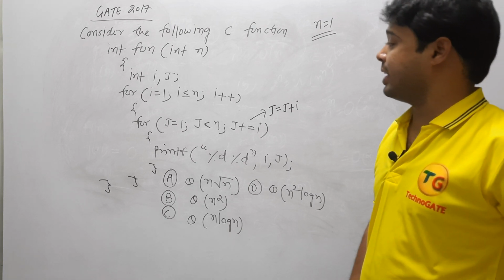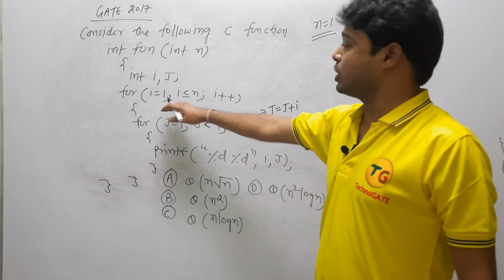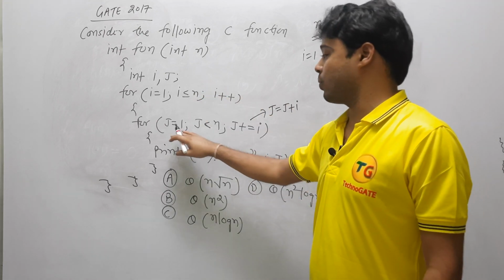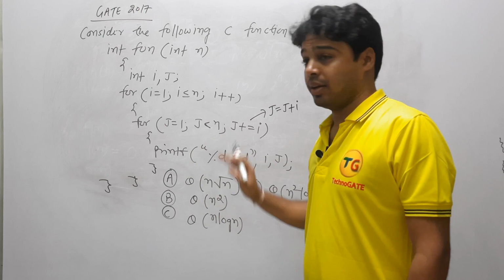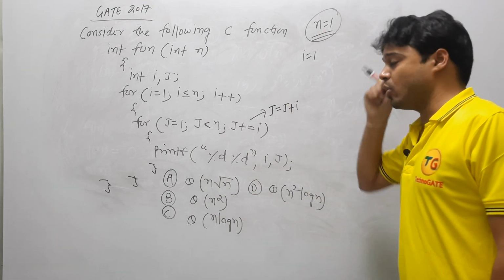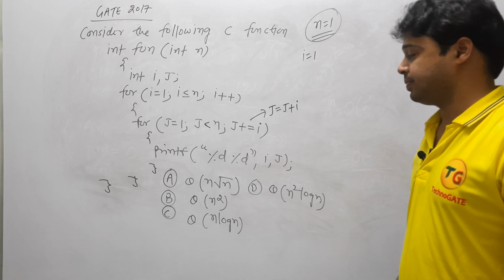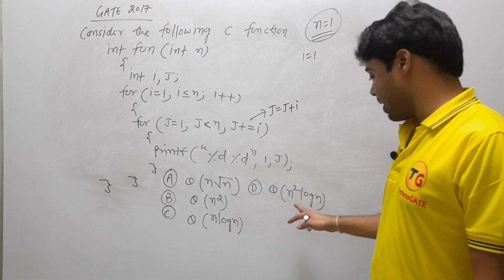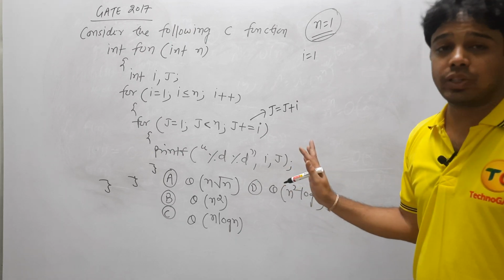If the value of n is 1, then i is 1, and 1 less than or equal to 1 is true, inside the loop, then the inner condition is checked, 1 less than 1, condition false. So for n value 1, it will never execute, meaning zero times execution.